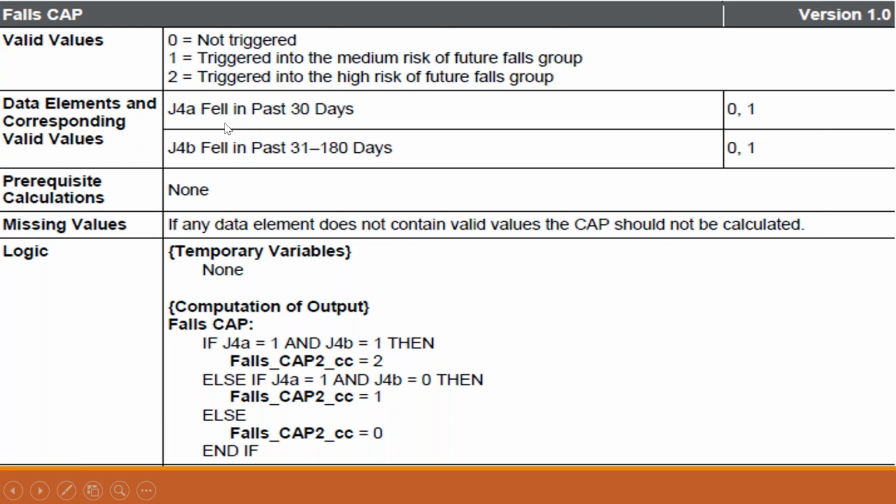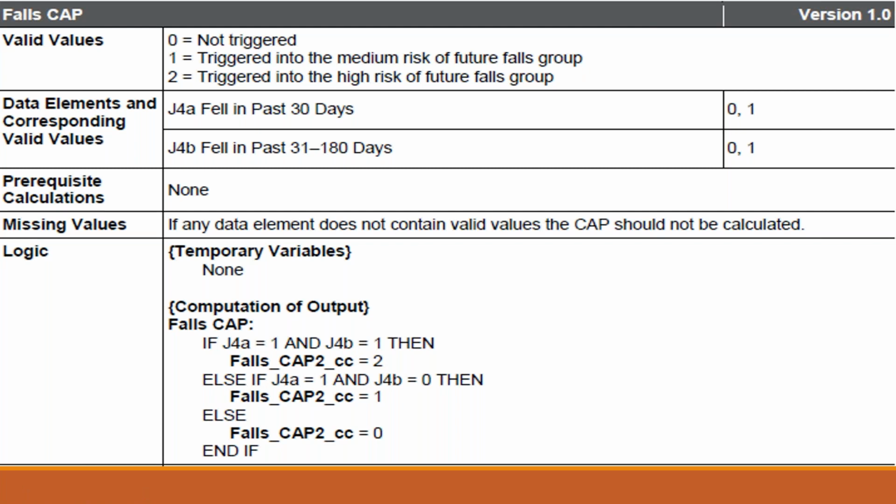But if you notice here, there are 3 outcomes. The first one is not triggered. The next one is triggered into medium risk for future falls, and then triggered into high risk for future falls. So let's go down here and take a peek at what the high risk for future falls looks like. If you fell in the last 30 days and you fell in the last 31 to 180 days, then you're going to be triggered at high risk.